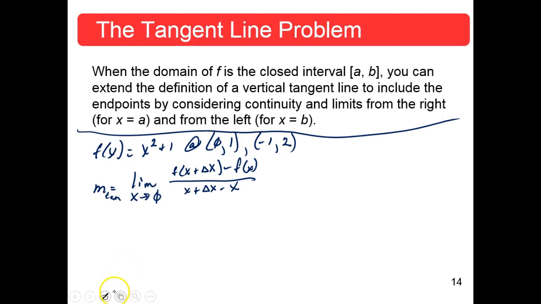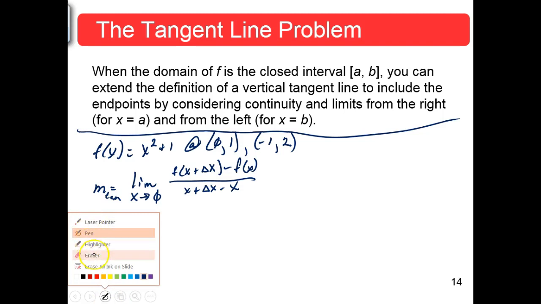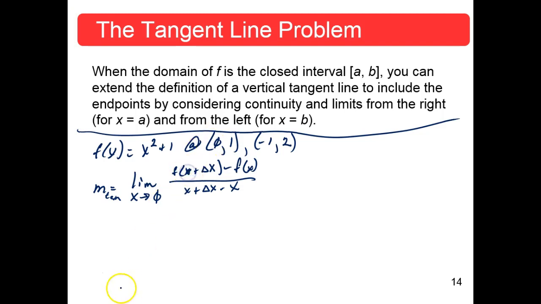So what we could do is just go on and put in your 0. Oh, that didn't work, did it? A 0 there and there, because that's what your zeros are, because x is approaching 0. I don't know, is this helpful to you? f of 0 plus delta x minus f of 0 over 0 plus delta x minus 0. Because your x is approaching 0. Okay, so I'm just going to plug in 0 for the x. Well, what is that?